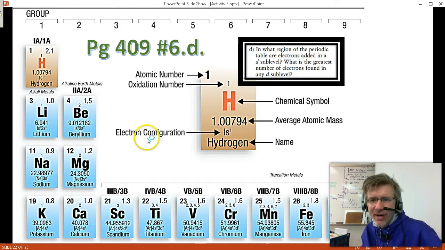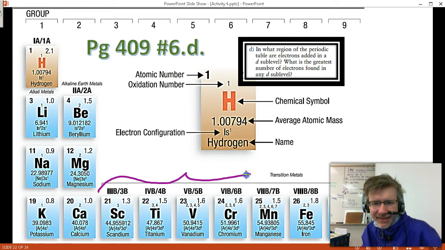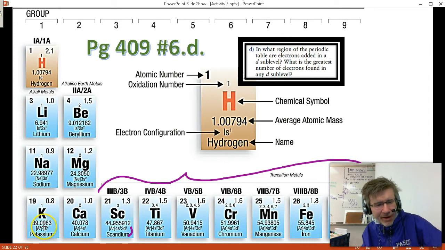Let's go to the next one here. In what region of the periodic table are electrons added in the D level? So here we go. Here's the D level. It goes like this. 4s1 is potassium. 4s2 is calcium. But then you have 4s2 and then you add the 3d1.